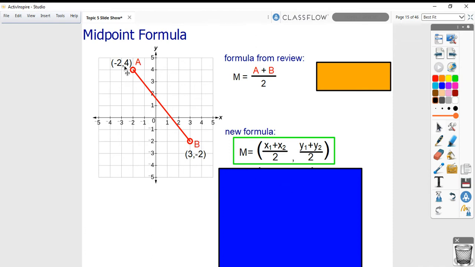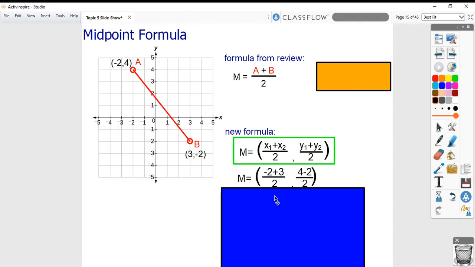And then we're just going to plug in these numbers where they go into this formula. So we start with the x coordinate. For the x coordinate, we take -2, this x value, plus 3, this x value, divide by 2. For the y coordinate, we take this y value, 4, and this -2. Now look at this.